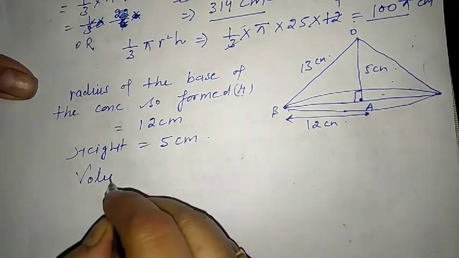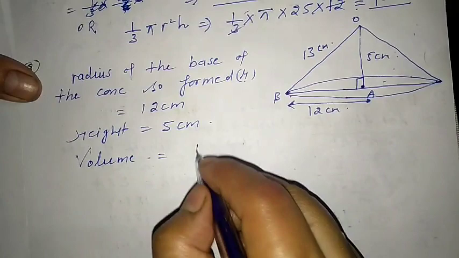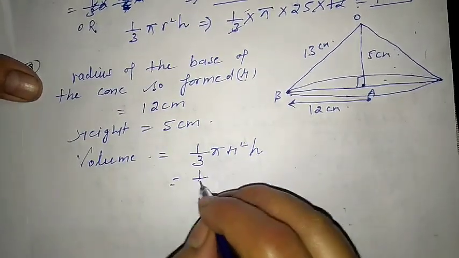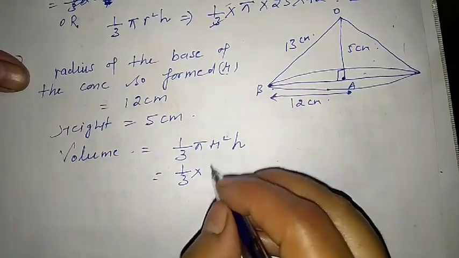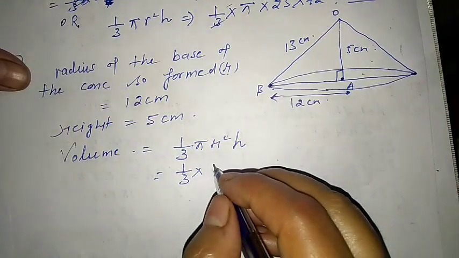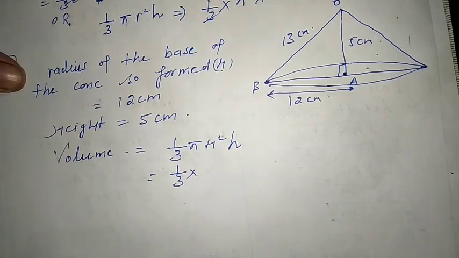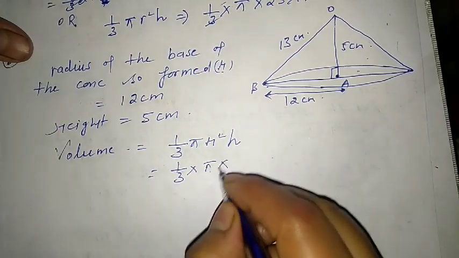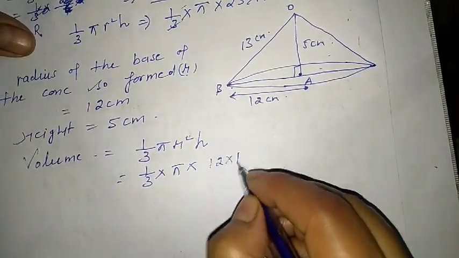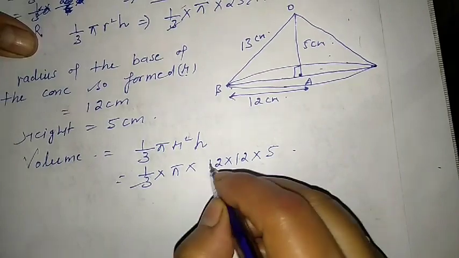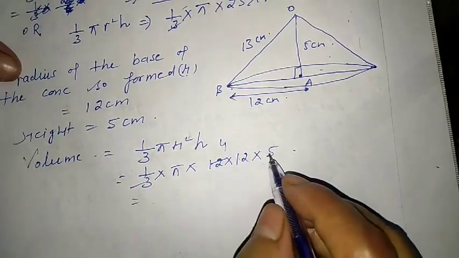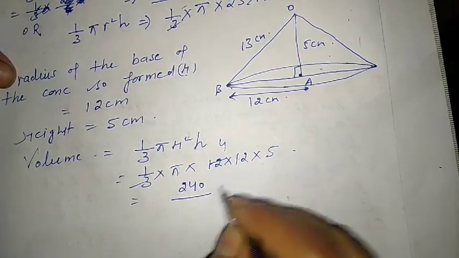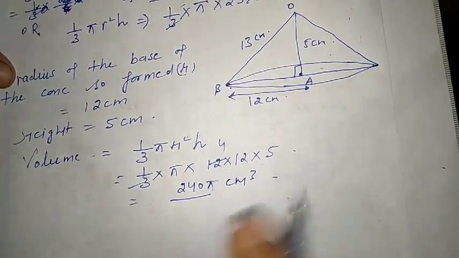So volume is equal to 1 upon 3 pi r square h. Pi we can keep as it is if we want. r is given 12 into 12, height is given 5. 3 fours are 12, and we have 20. It is 240 pi centimeter cube.